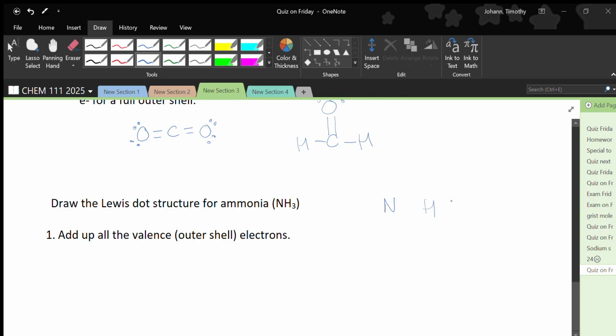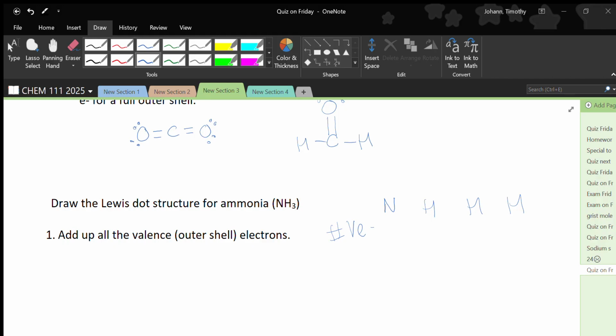It has a hydrogen, another hydrogen, and another hydrogen. Number of valence electrons over here. Nitrogen. How many valence electrons does nitrogen have? Outer shell electrons. Look at that periodic table, or get out your periodic table if you can't see it from where you are. 5.